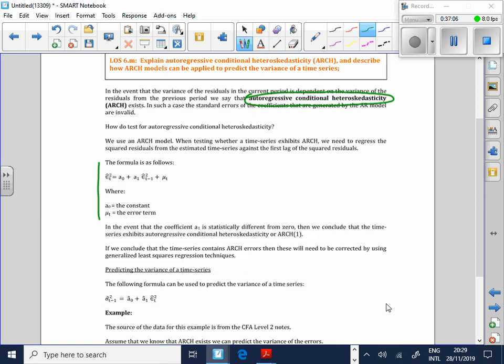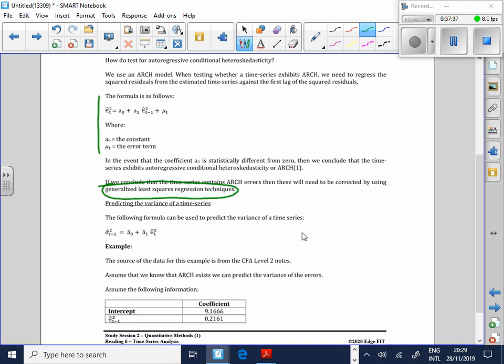By the way, what happens if ARCH is there? Oh no. It's bad. We need to correct this by using a generalized least squares regression technique, and no, don't spend time on that. Just know what you have to do. Very similar to what we saw with the unit root, first differencing to get rid of my unit root or my random walk.